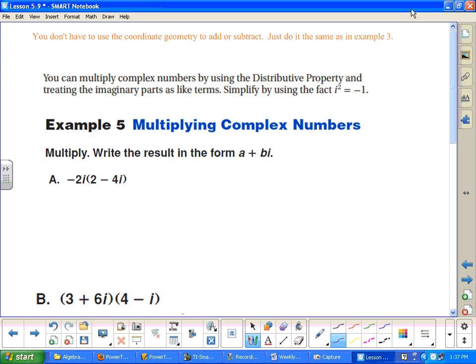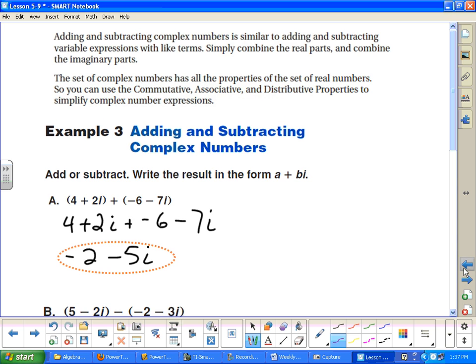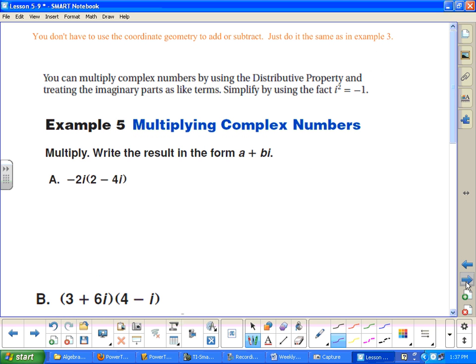In the book, I think we just went from example 3 over to example 5. For example 4, they tell you to use geometry to add and subtract, and you don't need to do that. Just add and subtract them just like we just did.